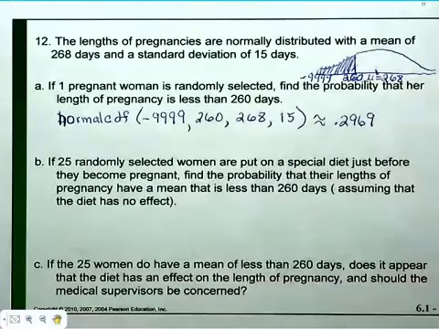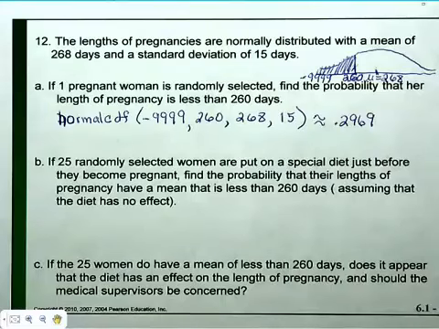In other words, maybe some guru has come out with a diet, eat only this, this, and this before you get pregnant, and you'll have a lower chance of having a premature baby. Let's say somebody's trying to sell a diet plan, and that's the thing. You eat this while you're trying to get pregnant, and your chance of having a premature baby will be lower. Well, let's see if it is.